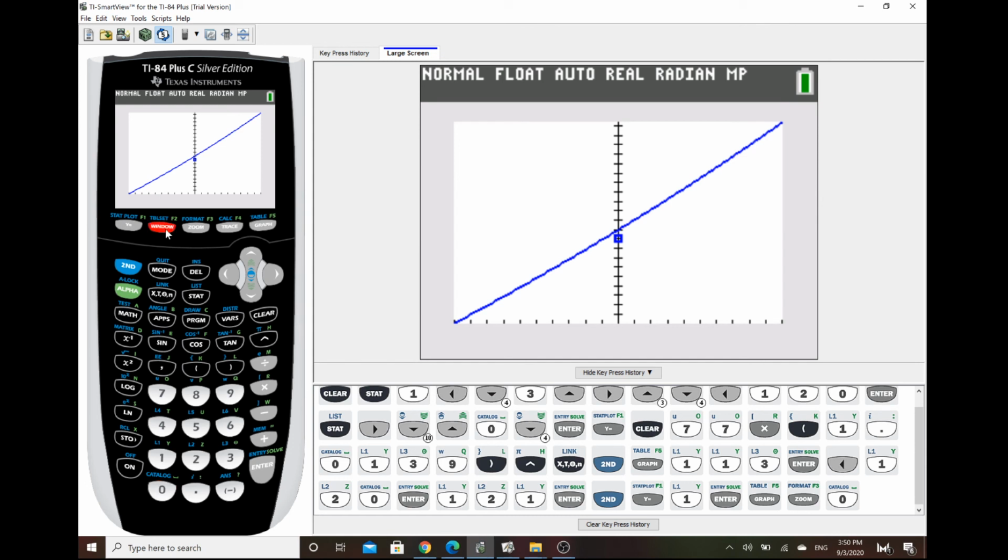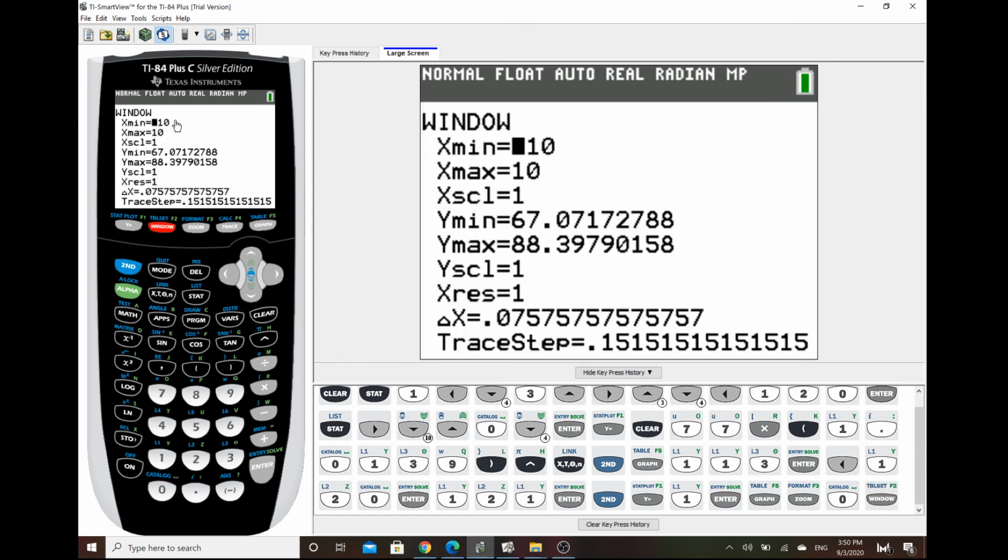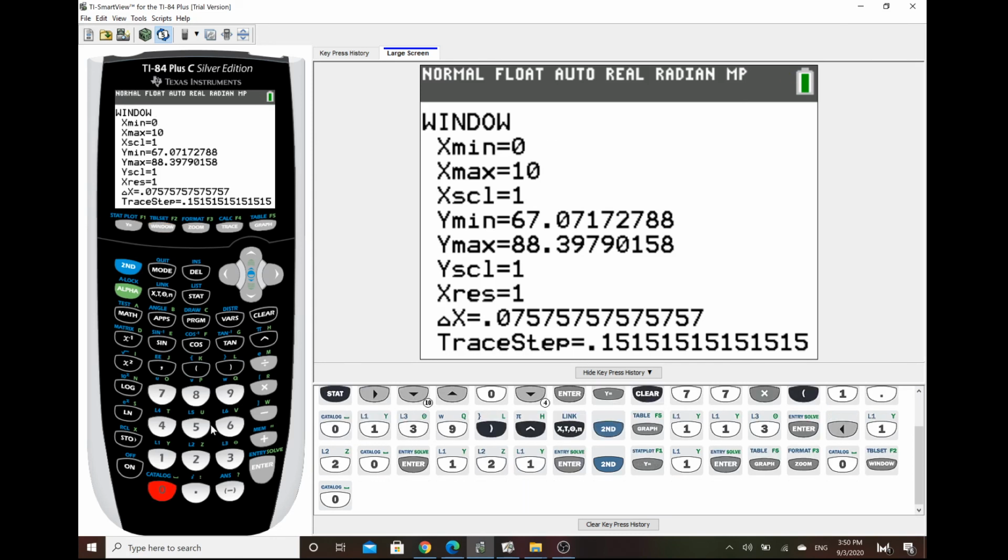Another thing you can do is change the window. Instead of using negative x values, because the year cannot be negative, it starts off with the initial year 0, and let's say it goes 130 years later. That means it reaches the year 2030. For y min and y max, we just want to change that a little bit.